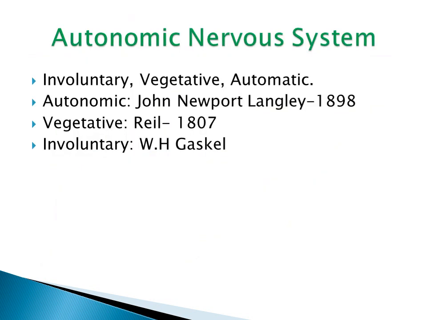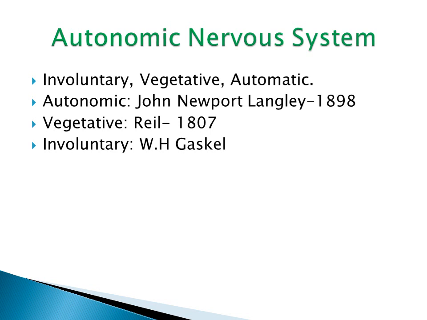What about the autonomic nervous system? The autonomic nervous system is a system which regulates, activates and facilitates actions that are involuntary and vegetative in nature. The autonomic nervous system is automatic. It means that it regulates the automatic functions of our body.